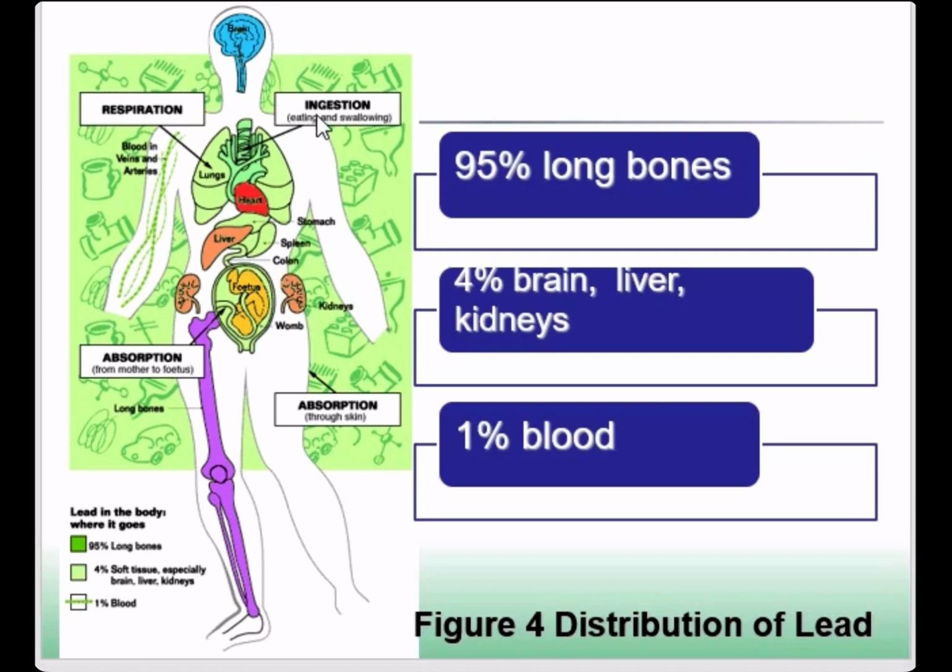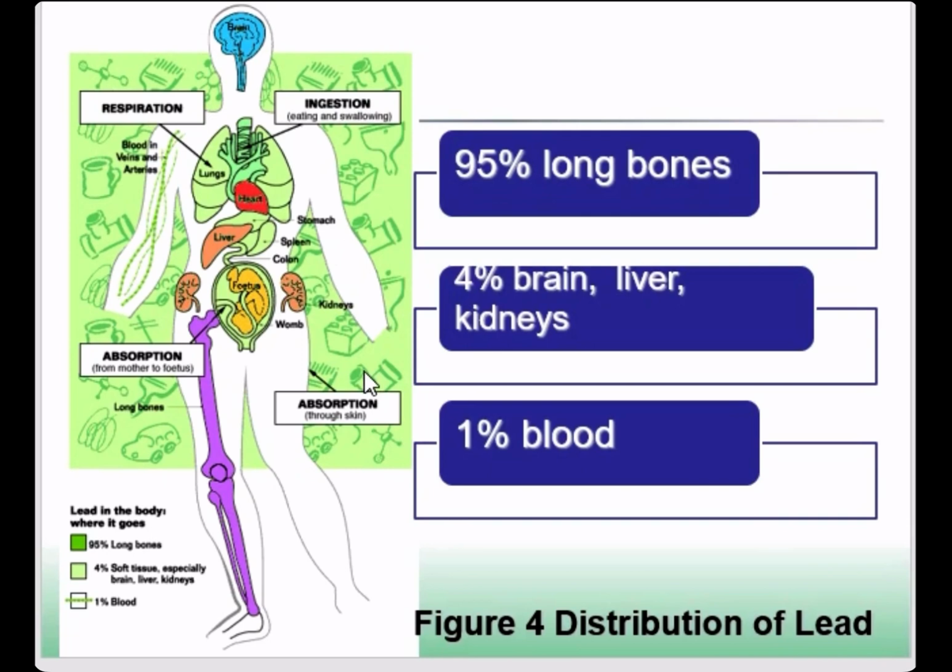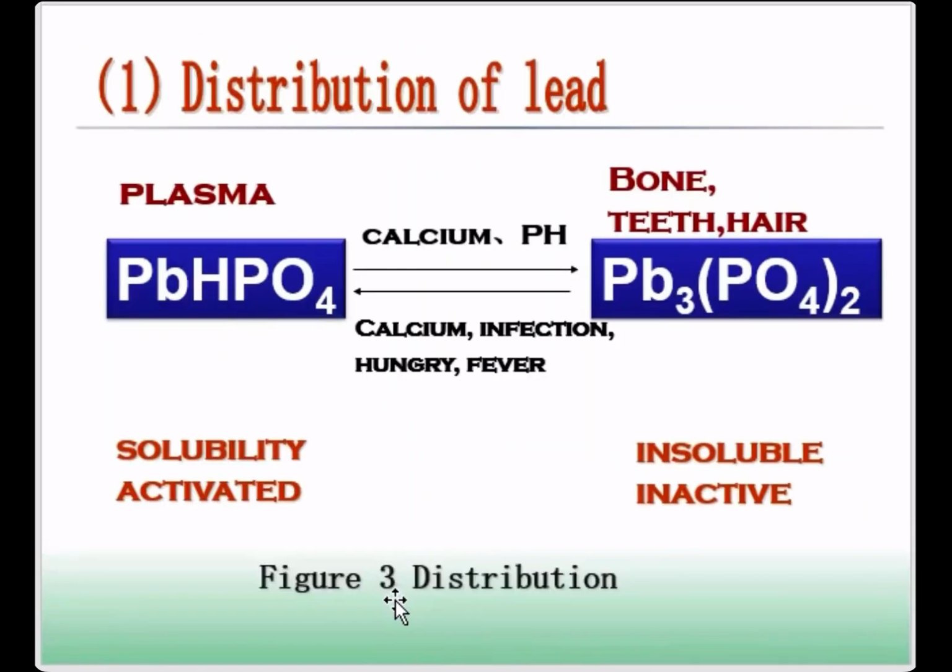And from ingestion, it goes to the stomach, and then it is all expelled through the kidney. It will stay in the long bones for quite a long time, and the majority of it will stay in the long bones. But you also can find some of it in the brain and in the blood. This is the distribution of lead in our body.